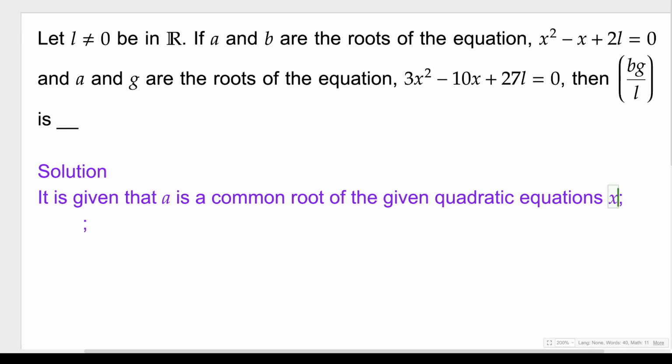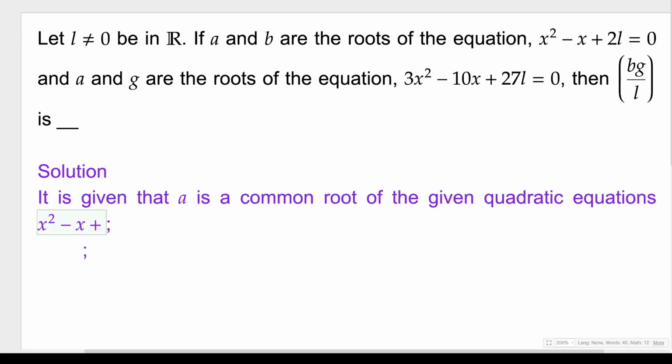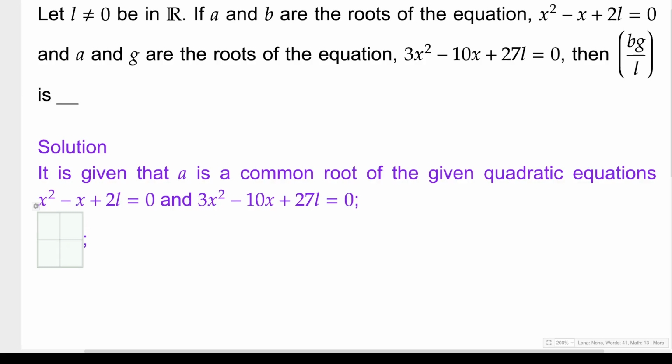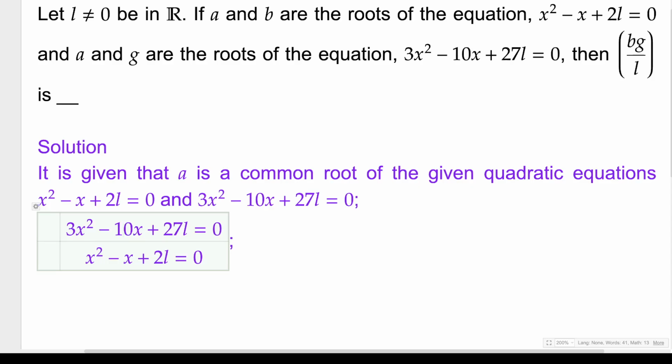One equation is x square minus x plus 2L equals 0, and the other one is 3x square minus 10x plus 27L equals 0. Definitely this variable A is going to satisfy both, because it is given that A is the root for the first quadratic equation as well as for the second quadratic equation.